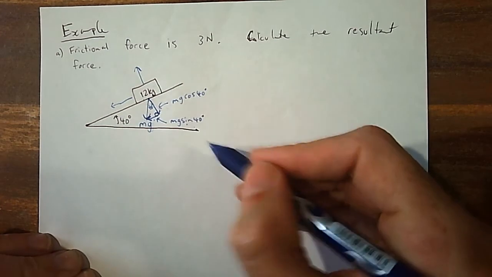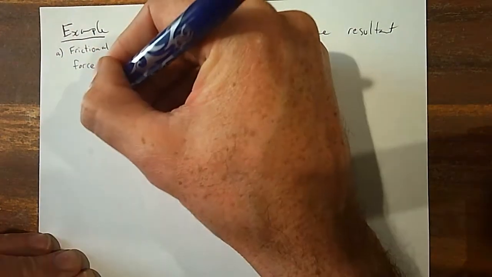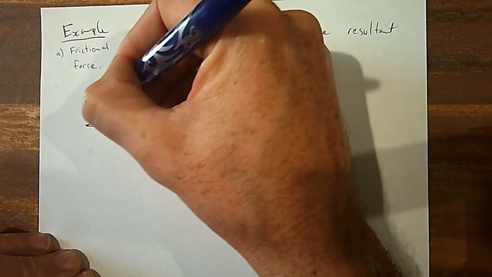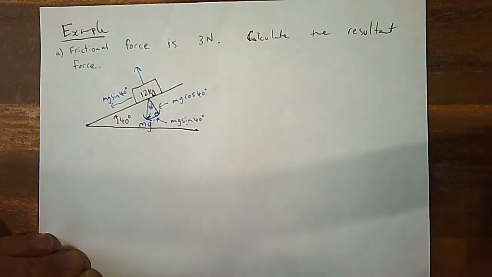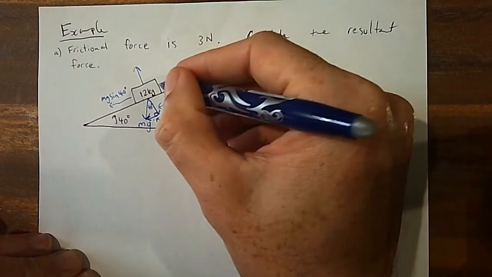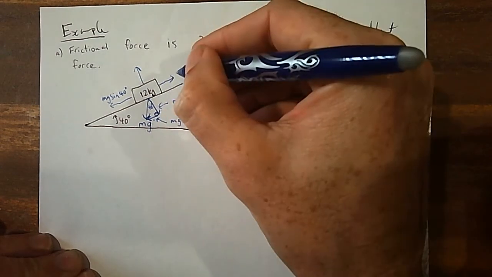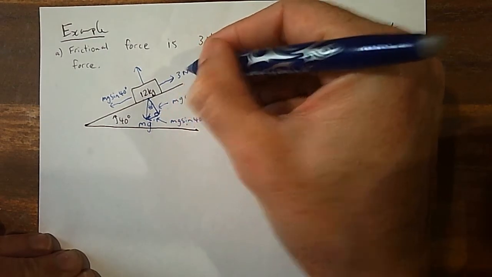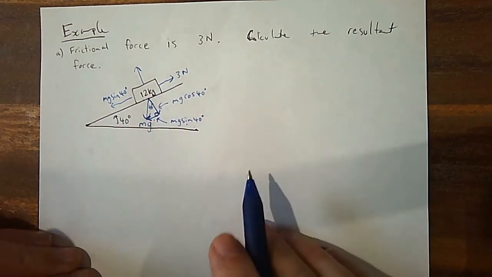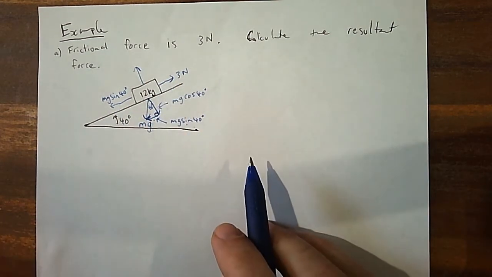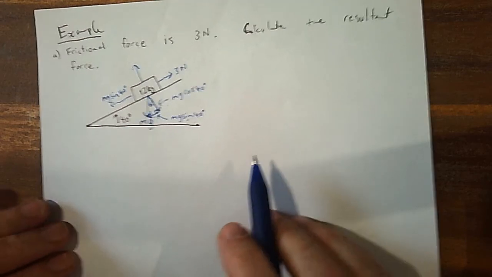It's pushing it down the plane, mg sine 40. And the frictional force is pushing back up the plane, and that is 3 newtons. So we're only really interested in these two to work out the resultant force.